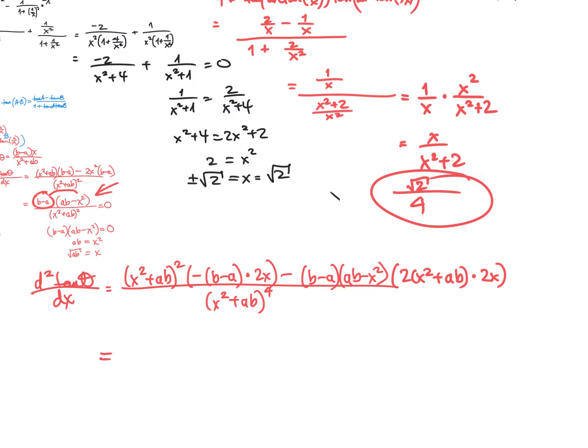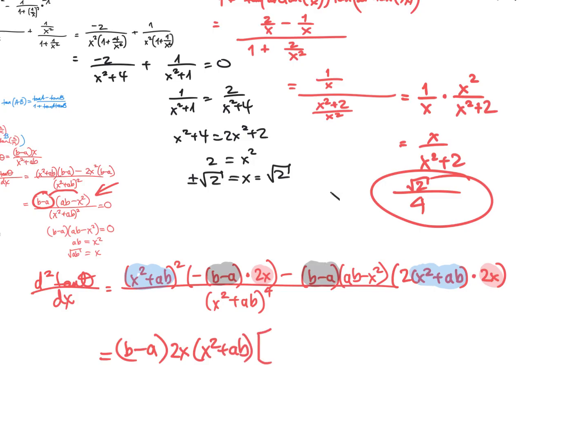Okay, so here we have B minus A, so we can factor that out. We also have 2x we can factor out. We also have one of these to factor out.